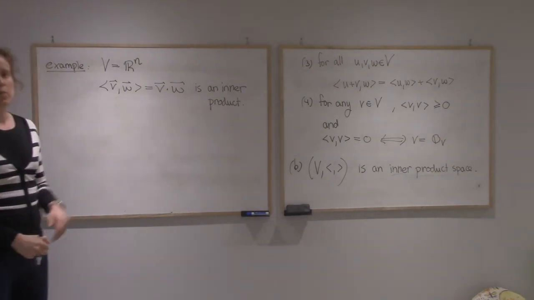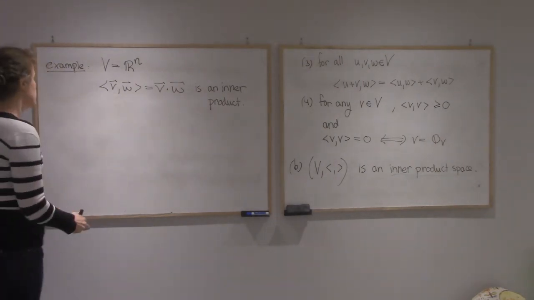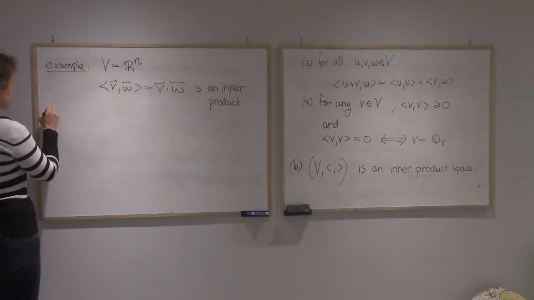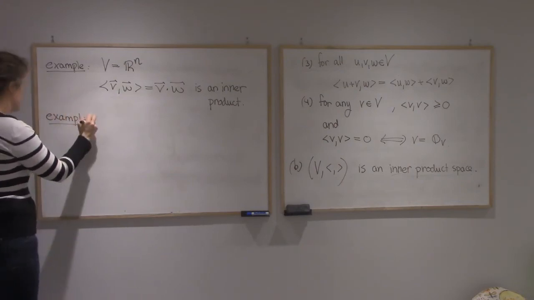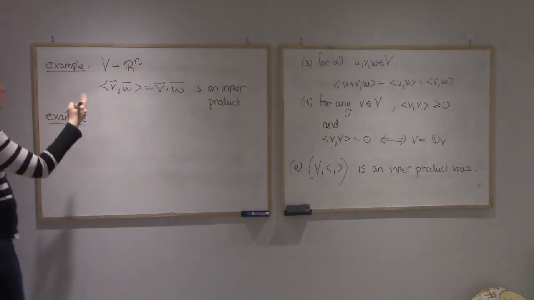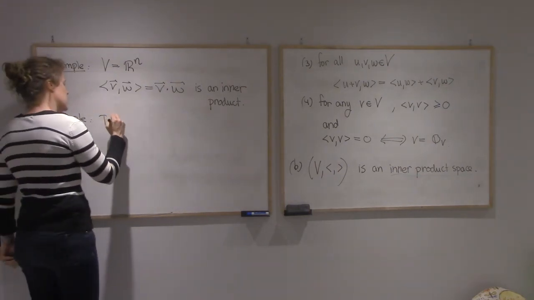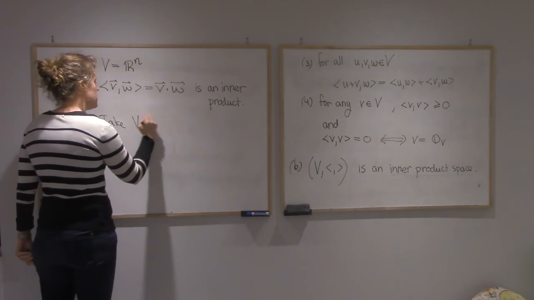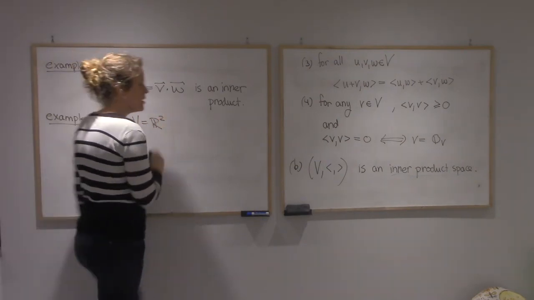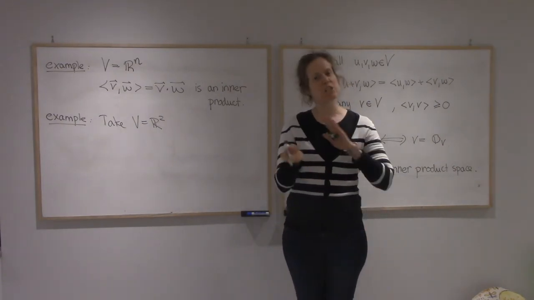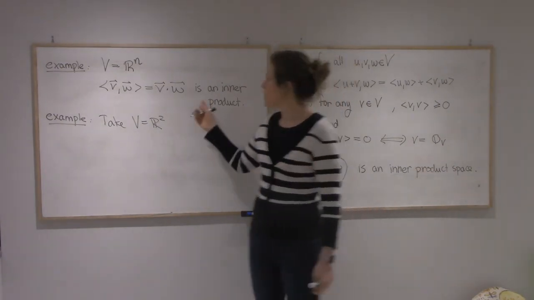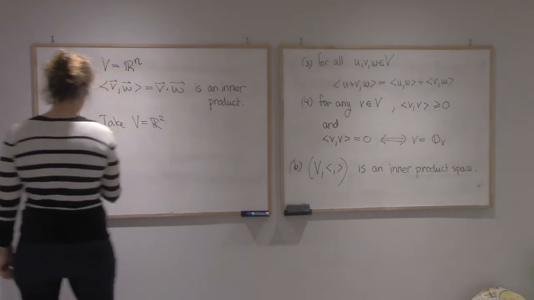If that's the only one we have, we wasted 10 minutes of our lives, but of course it isn't. Let's take one of these, so take V equals R2, and I'm going to define a new inner product in R2 that's just slightly different from the one we had typically.